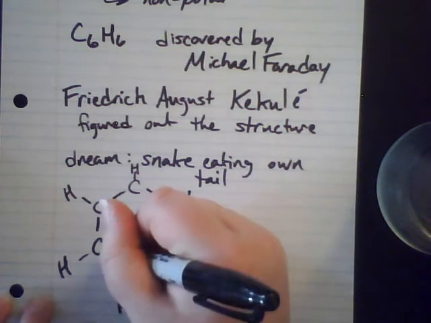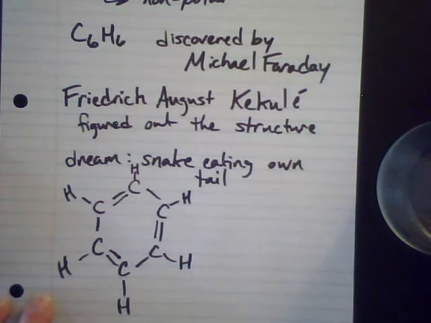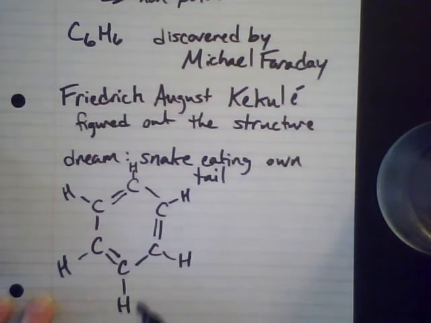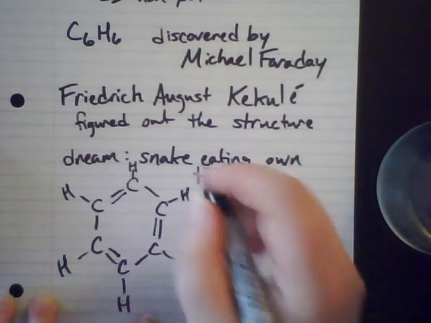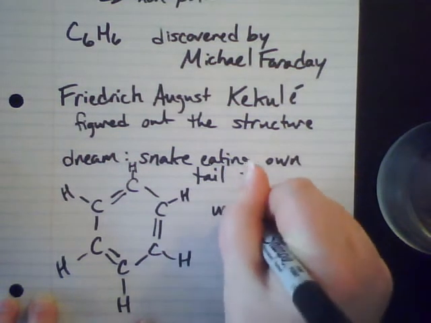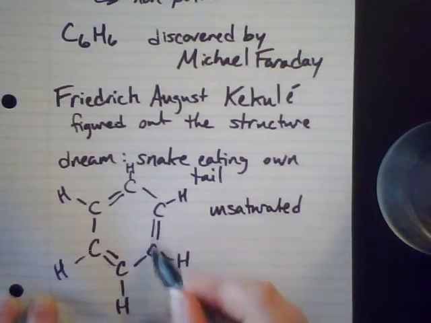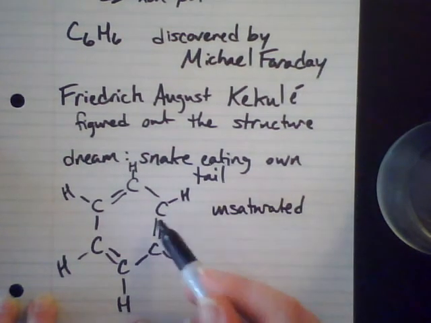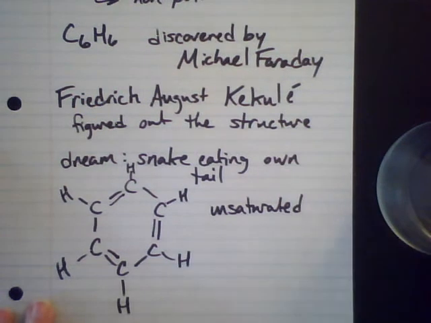So what he figured out is that every other bond had to be a double bond, which means that these carbons then are unsaturated, right? We said anything with double bonds in it is unsaturated, because carbon wants to make 4 bonds, or it wants to be attached to 4 things, but it's only attached to 3. Okay, so we have an unsaturated ring here.